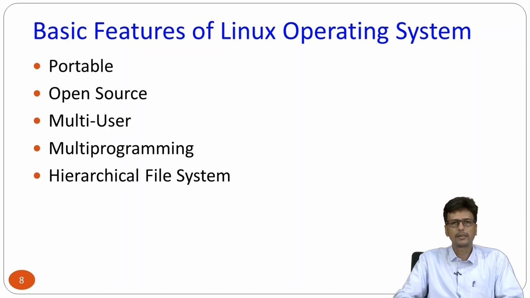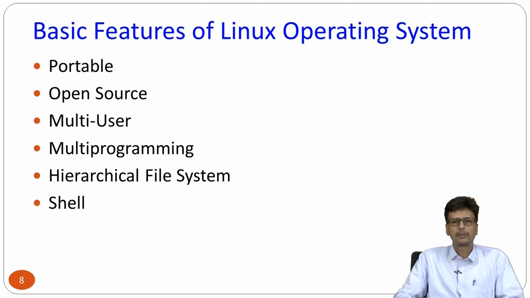There is a standard file system that we will discuss in subsequent modules and units. Linux follows a standard file system, and the root directory is the base for all the files available in the Linux operating system.